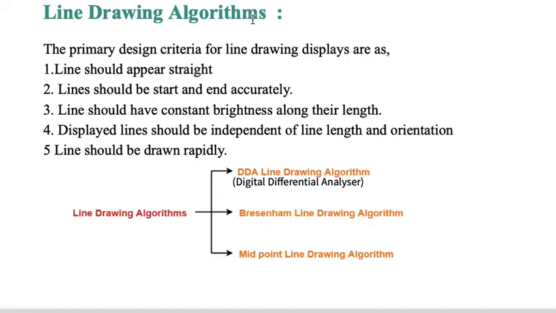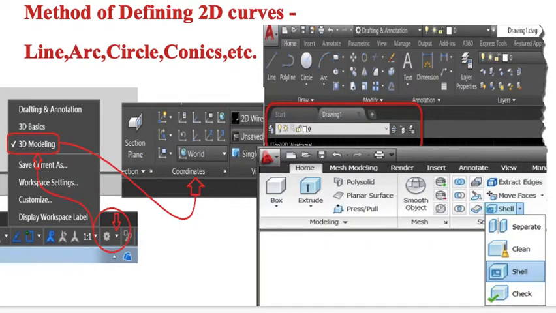Next, the line drawing algorithm. Here you see the method of defining a line using two previously defined points. Methods of defining lines include using one point and specifying the angle of the line with the horizontal, or using a point and making the line either normal or tangential to the curve, using a point and making the line either parallel or perpendicular to another line, making the line tangential to two curves, and so on.